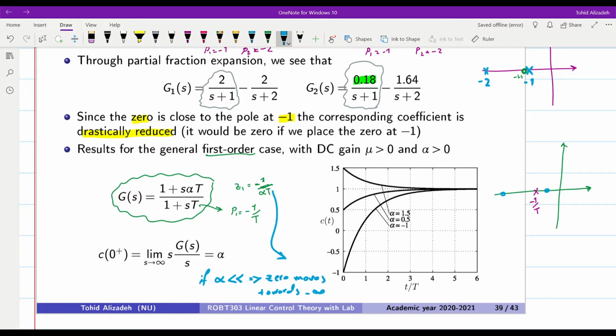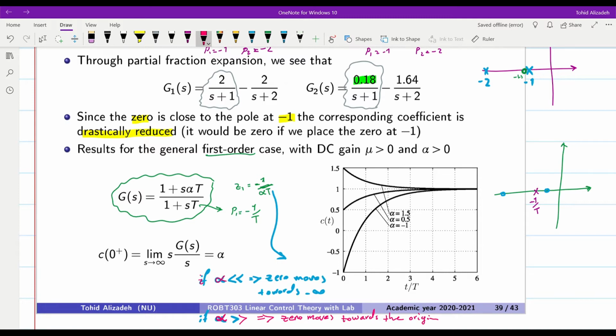If alpha becomes too big, then the zero moves towards the origin. And this is for positive values of alpha. Okay, so for now we assume that the additional zero is on the left half plane.